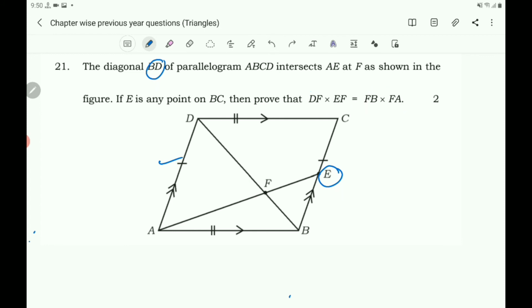Here it can be proved by taking these two triangles and proving that they are similar. Once you got that they are similar, their corresponding sides are in proportion.